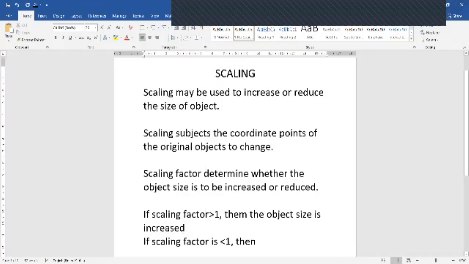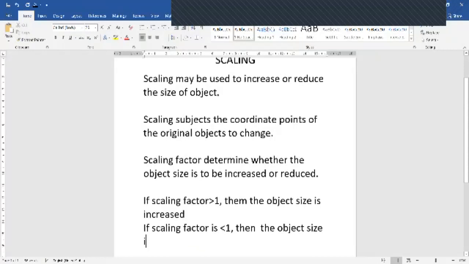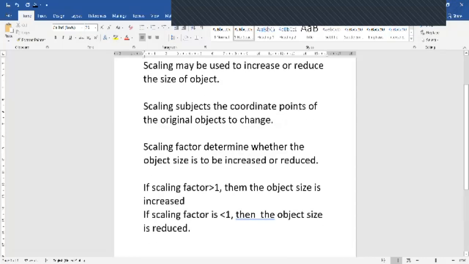Then the object size needs to be reduced. Then the object size is reduced. So when we look at the scaling factor, we are able to understand what type of scaling needs to be done.